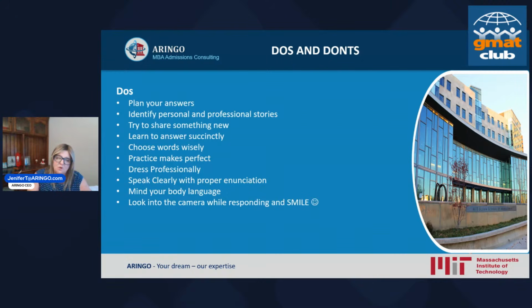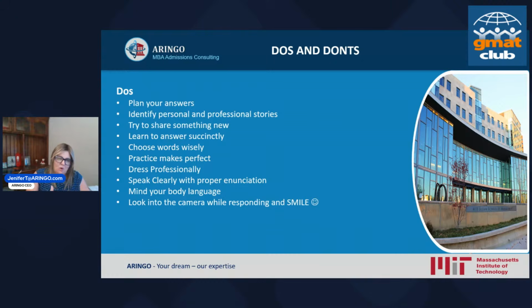So you also want to start thinking about those stories. And then you want to share something that's not already in the essays or in your resume. Obviously, we want to keep the essence of what you've shared with the committee so that they know and understand who you are, and this complements that. So you want to share something new, like a new story that you're not already using in an essay.